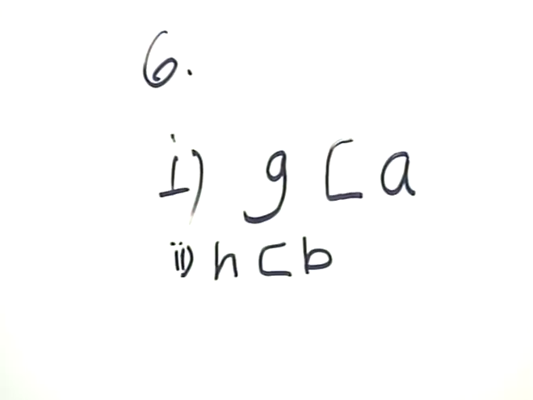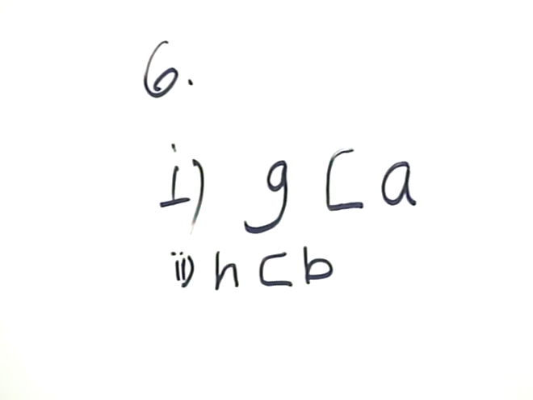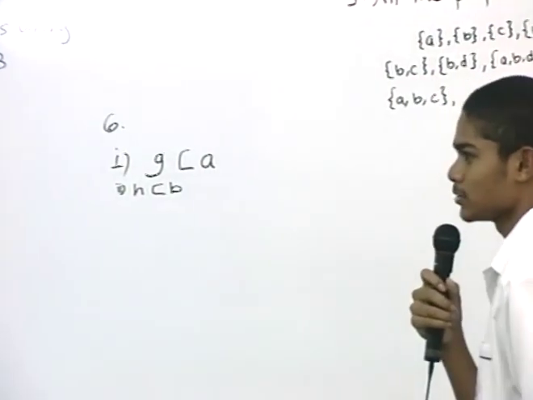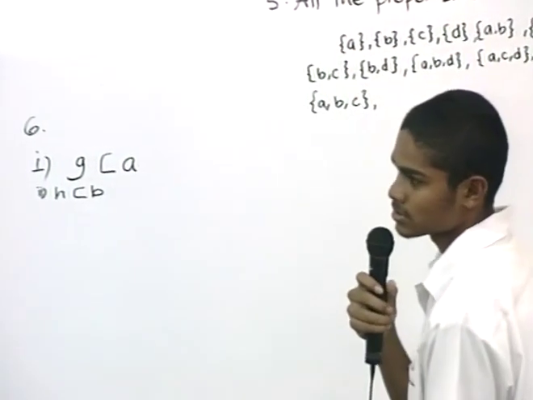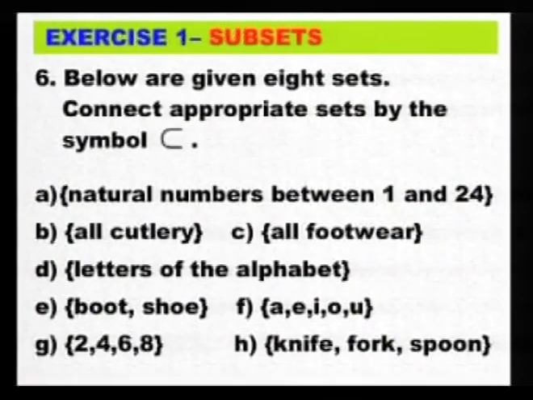Okay, good. Andrew? H is a subset of B because knife, fork, and spoons are cutleries. Okay, good. You can go and sit down.